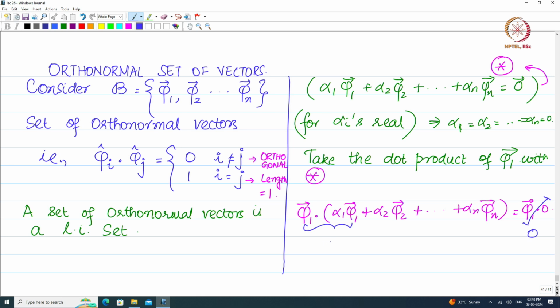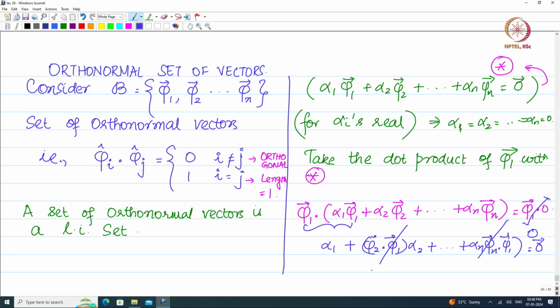This is alpha 1, because phi 1 dot phi 1 is 1, plus alpha 2 phi 2 dot phi 1, which is 0, plus etcetera plus alpha n phi n dot phi 1, and that is equal to 0.